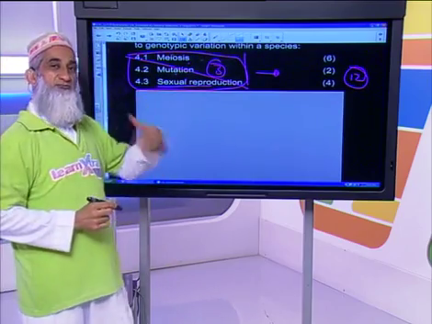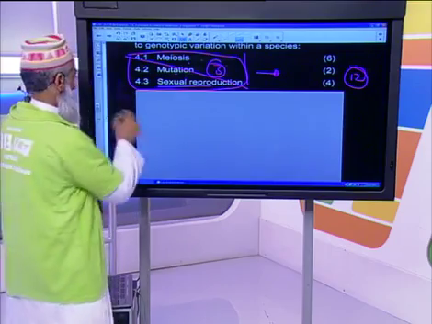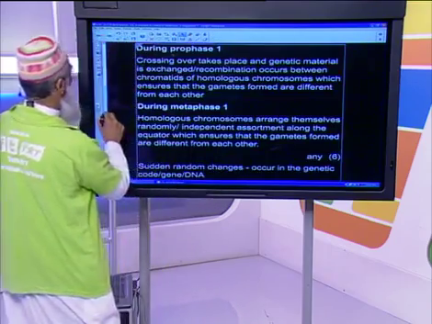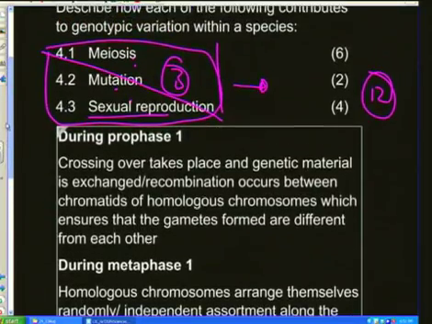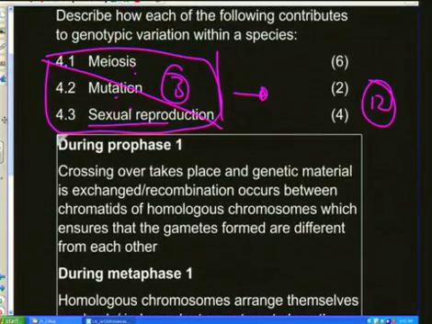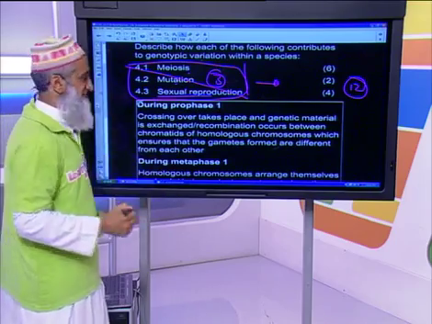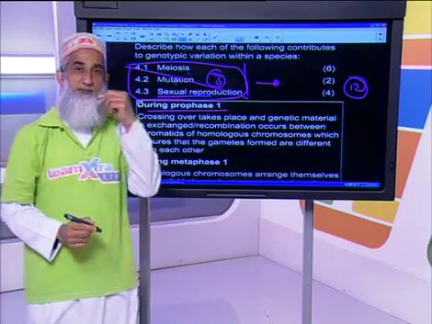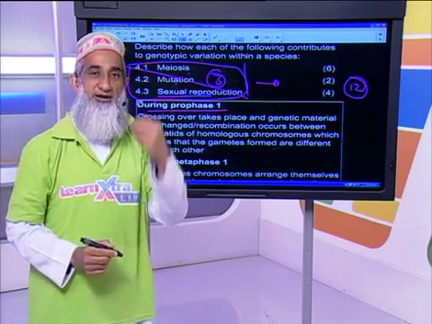Now let's explain how these things bring about differences. So we start with meiosis. Tsepang has told us about crossing over, and that takes place during prophase 1. Remember, by mentioning prophase 1, you are getting a mark.